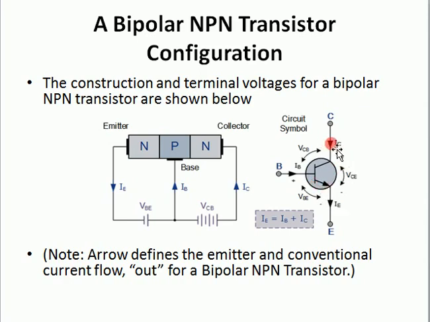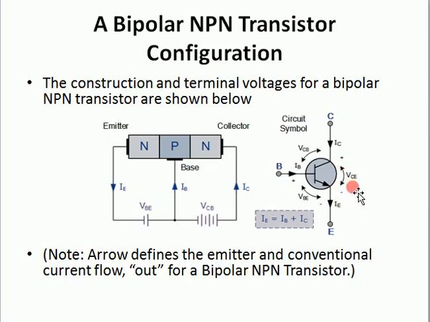Here you see the voltage between collector and base is known as VCB, the voltage between collector and emitter is known as VCE, and the voltage between base and emitter is known as VBE. The signs are very small, so see carefully: the upper terminal is positive and the lower is negative.